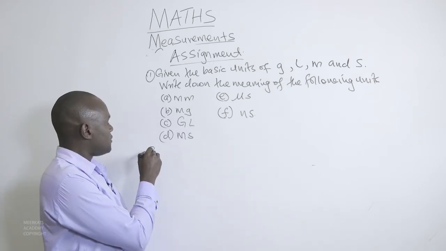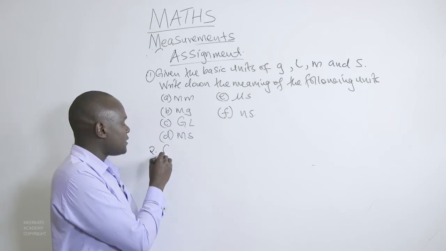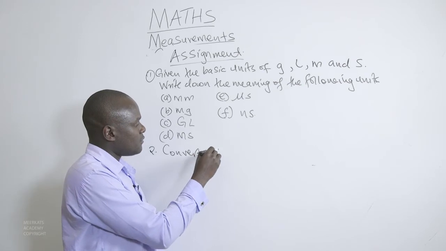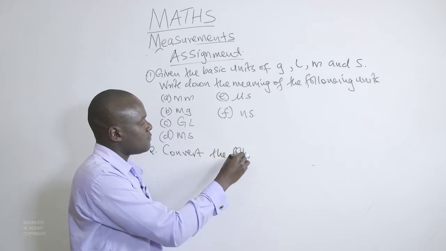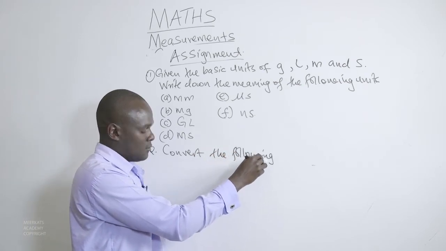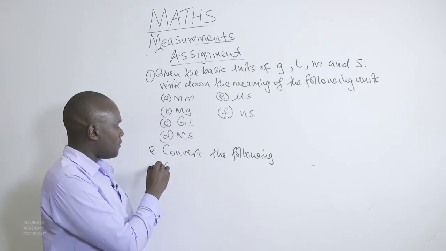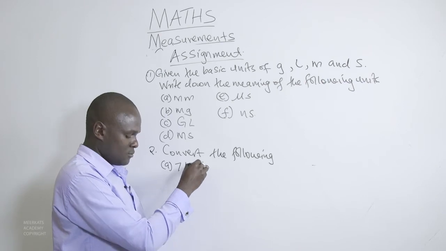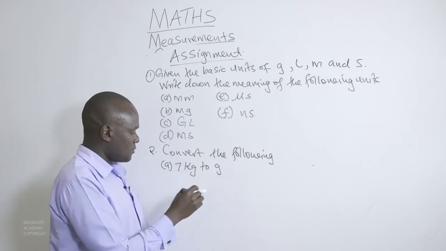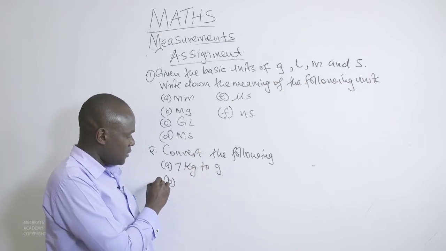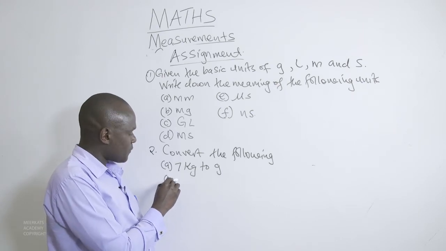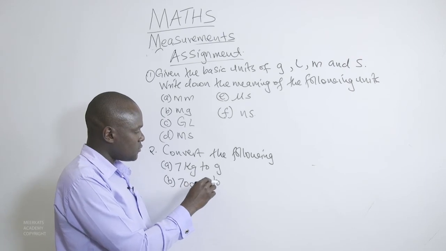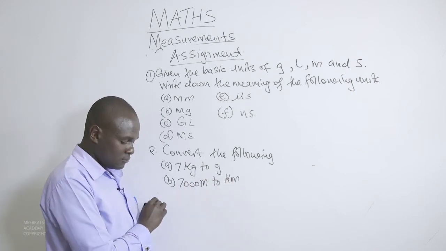The second question is on actual conversion. Convert the following. A, 7 kg to grams. B, 7,000 meters to kilometers.